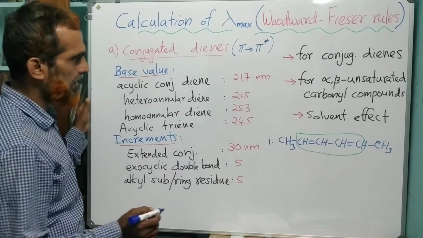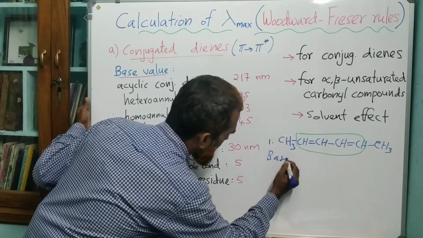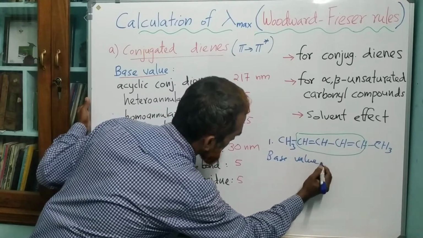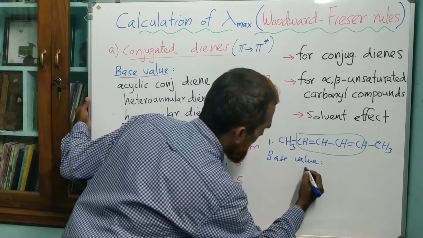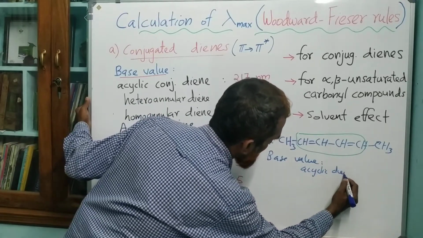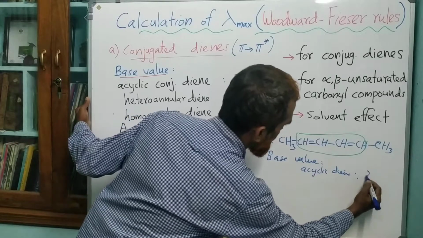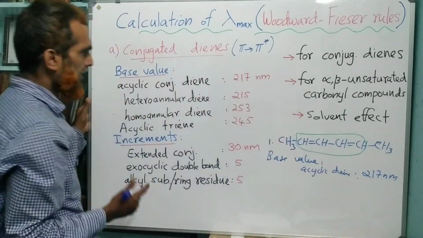So what about the computation? First you should write the base value. Fix the base value. It is an acyclic diene, so it is 217 nanometer base value. That is fixed.